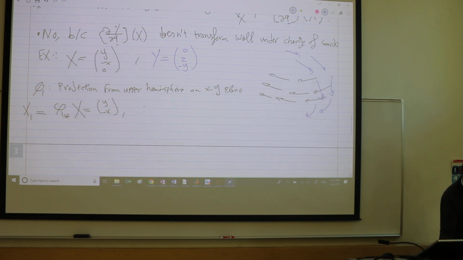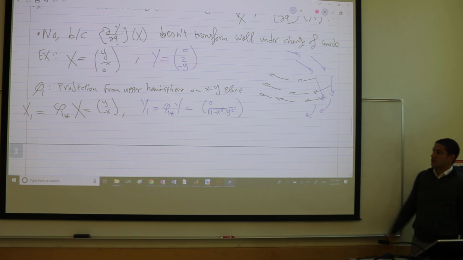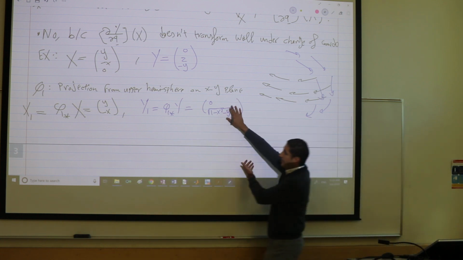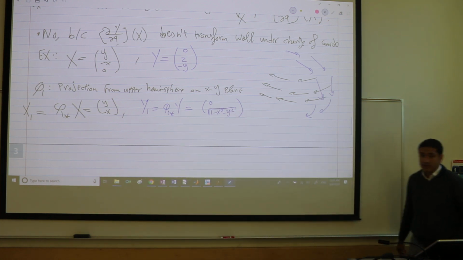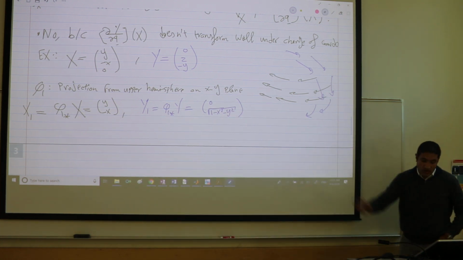What about y? So here is y. y1 is the same, it's phi 1 star times y. Take the x and y coordinates, so it's 0 and z, but z now in the xy is like this, right? So do the Jacobian and it will come out naturally like this, but because it's a projection, I can do it easily. Okay, I got x1 and y1.